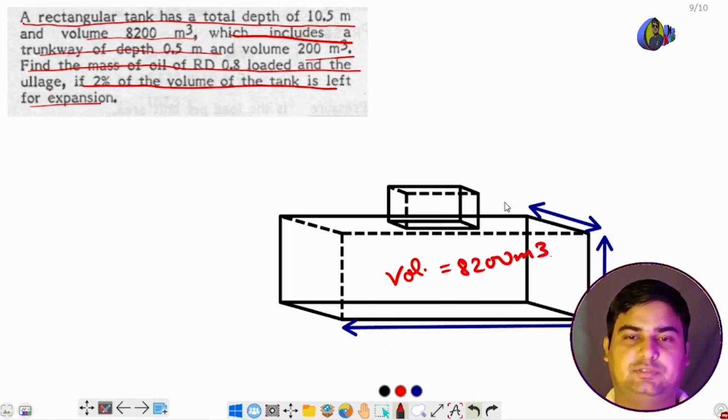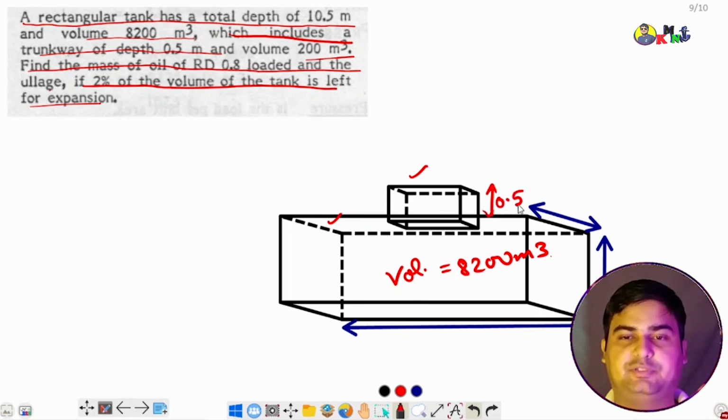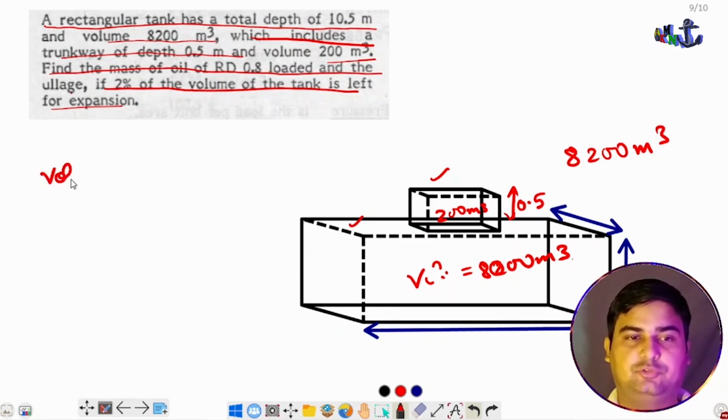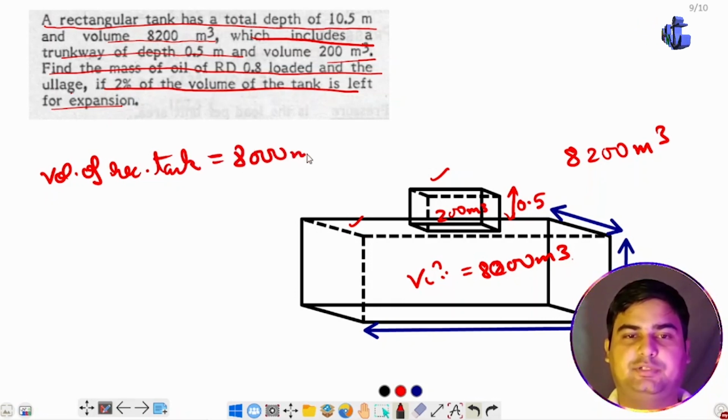So this includes the trunkway of 0.5 meters. So this height is 0.5 meters. This height is 10 meters. This volume is 8000 meter cubes and this is 200 meter cubes. So it is overall 8200 meter cube volume. Volume of the rectangular tank is 8000 meter cubes.